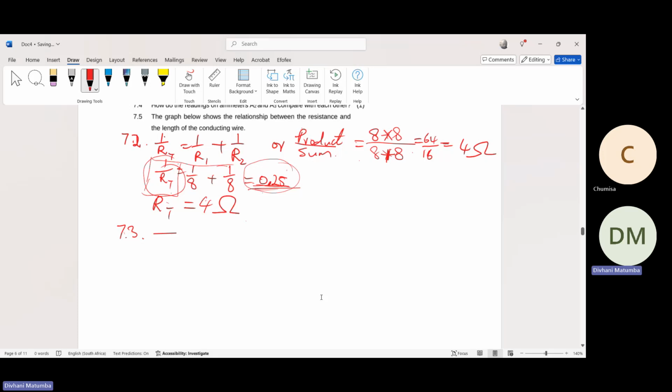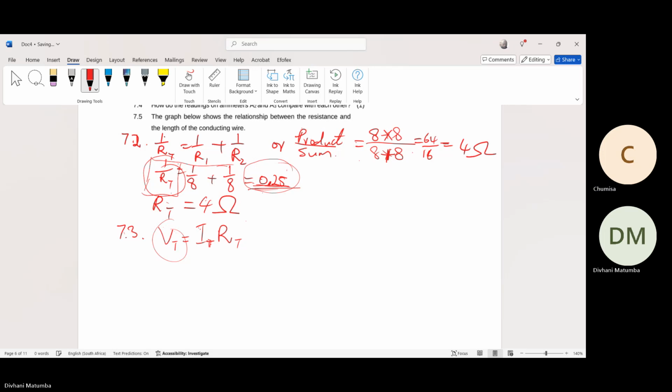We have said that the aim of resolving circuits is to calculate the totals. Once we have the totals, we will be able to calculate almost everything. V total is given by I total times R total. Do we have the V total? The total supply of the potential difference across the circuit, do we have it?